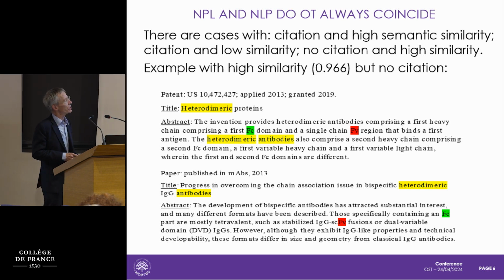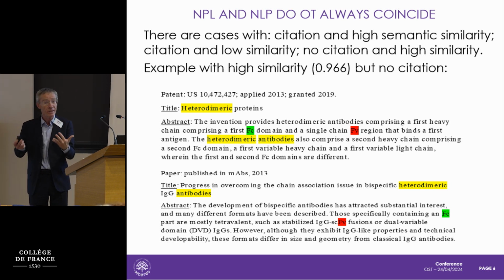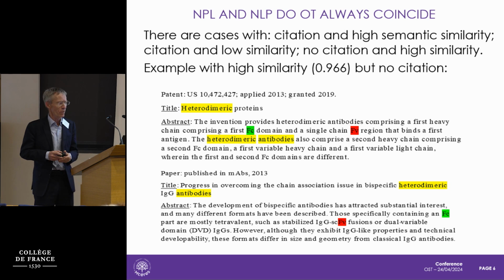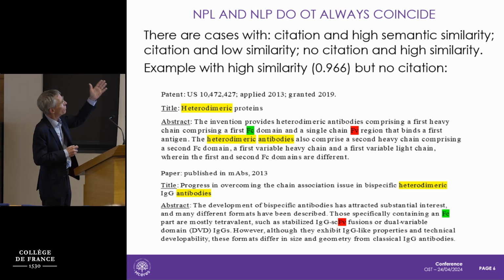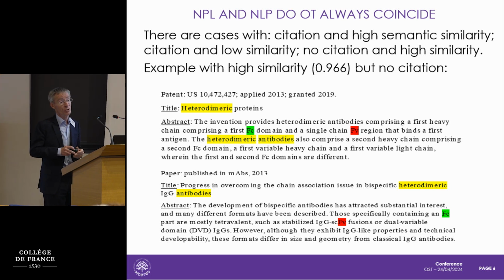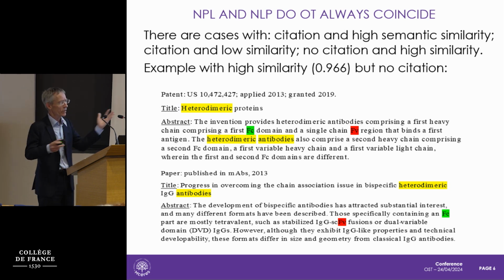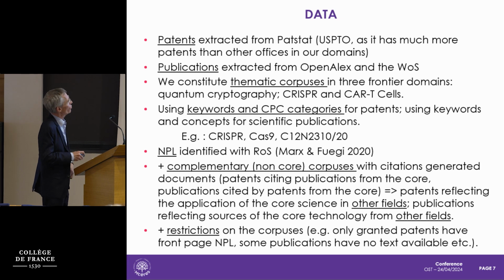Very close semantically, and the colors indicate the specific terms that feature in the two, because the machine will overweight specific terms in its vectorization. And you see that they are very close, 0.966. Still, there is no citation, although the time frame would allow that. We have other examples going the other direction and so on, but I won't give more.